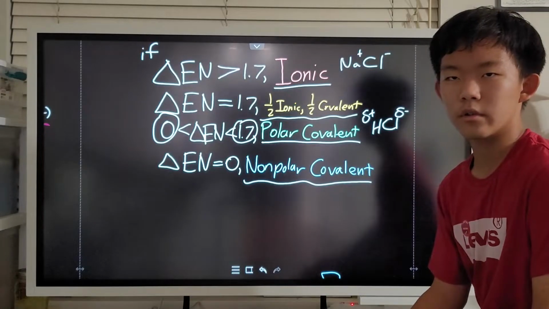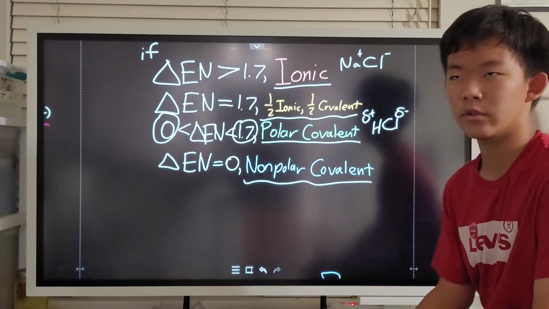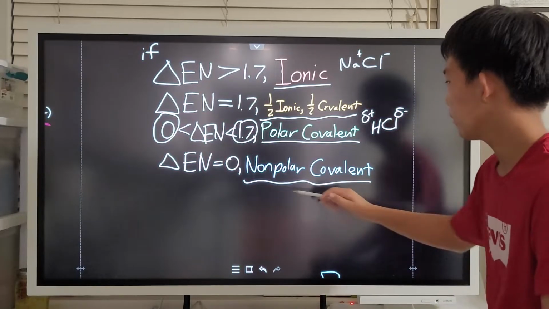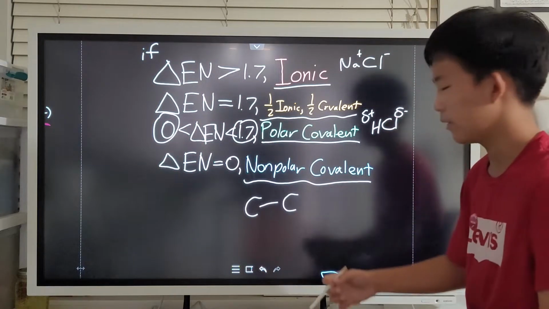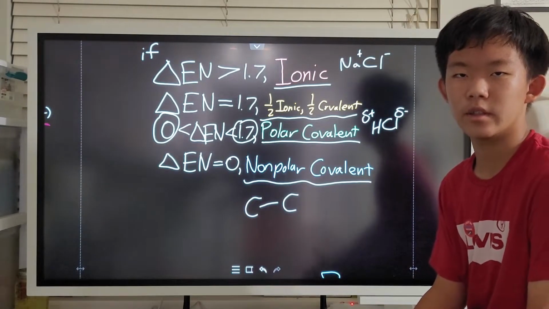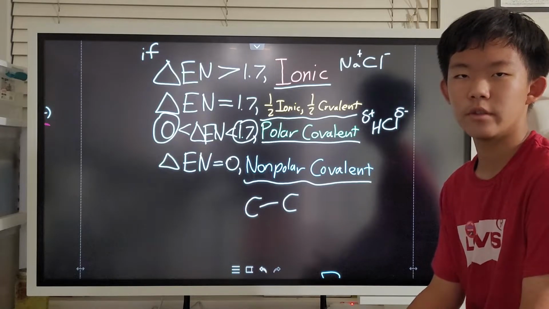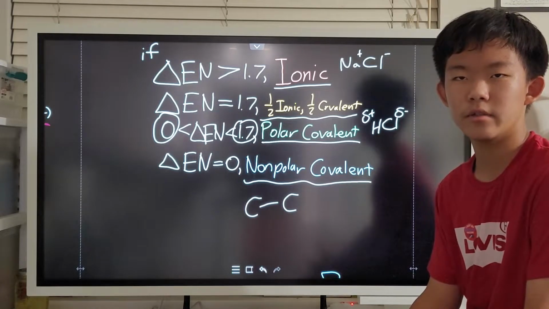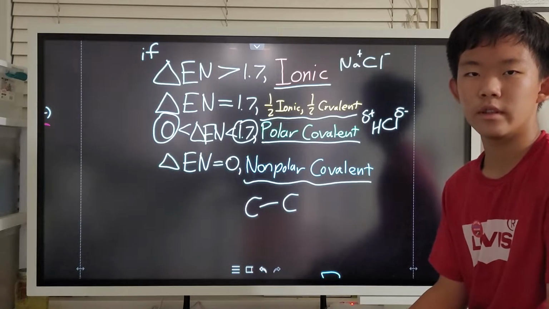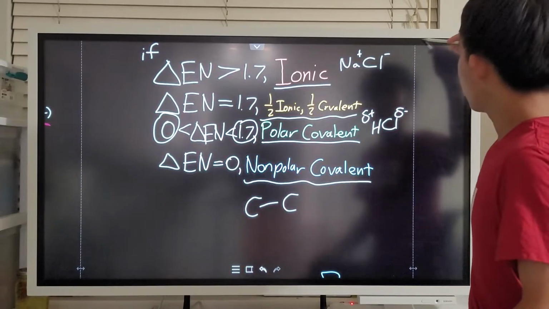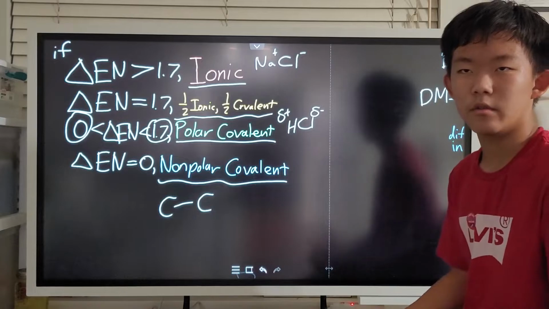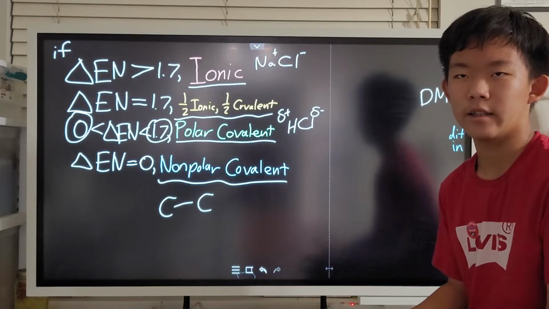And for non-polar covalent bonds, there's no such thing as charge. The electrons don't go anywhere. For carbon to carbon, both of them have the same electronegativity, so the electrons technically stay in the middle, and they're not going to go toward either atom. So it makes the molecule, or rather the bond itself, lack any charge.